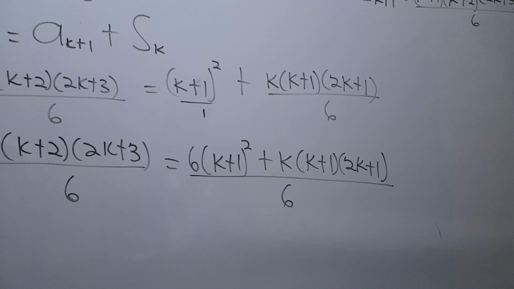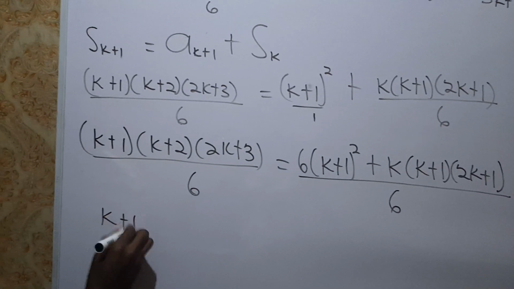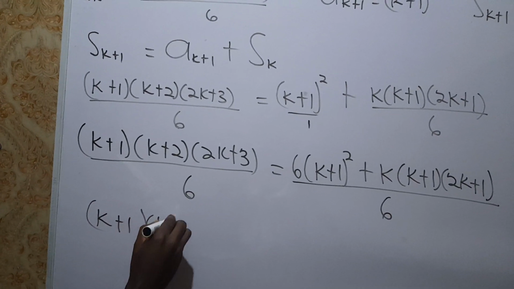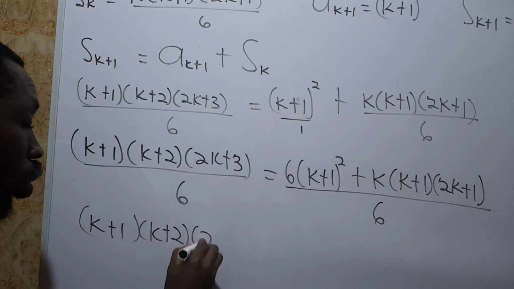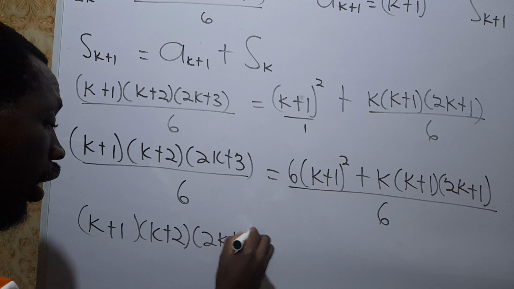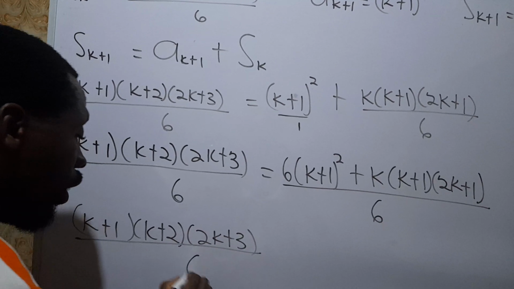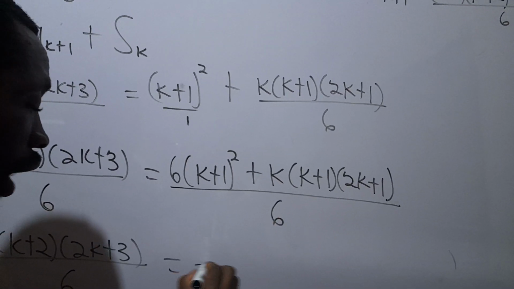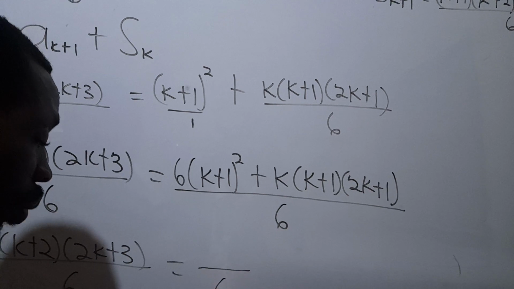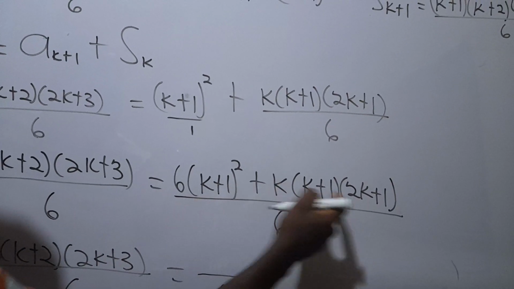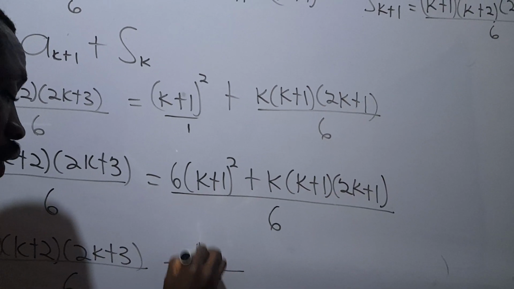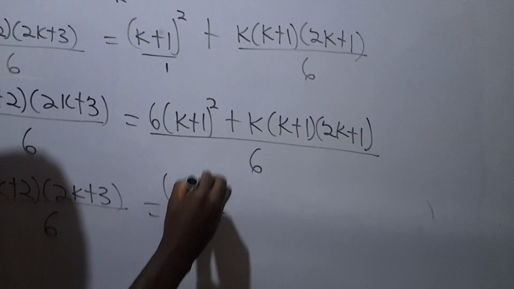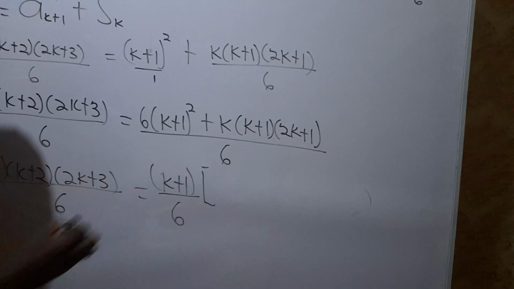Now we can say (k plus 1)(k plus 2)(2k plus 3) all over 6 should be equal to, now they have a common denominator, so I can bring it out. Now what is common to this and this? (k plus 1), so I'll bring k plus 1 out. What will be left?